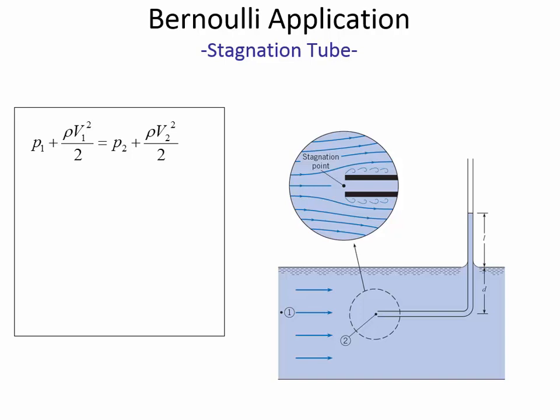Okay, so this and that are the same, except that location 1 and location 2 are on the same horizontal plane, and so I've canceled out the z terms. And then you can see I've multiplied each term by gamma, so that we're just left with P1. And then that density term in the velocity head is because we have gamma divided by g.